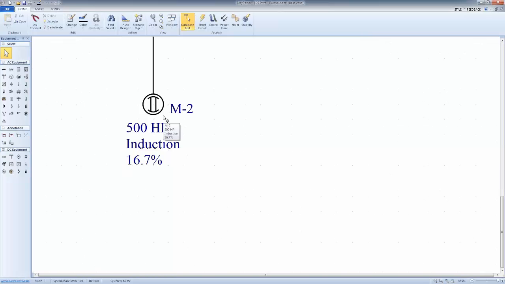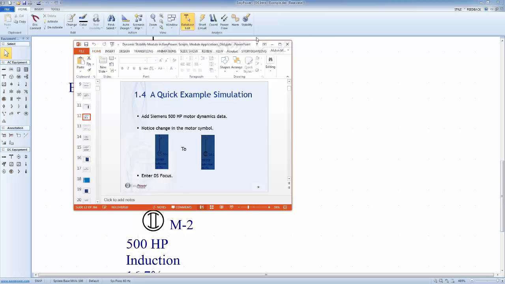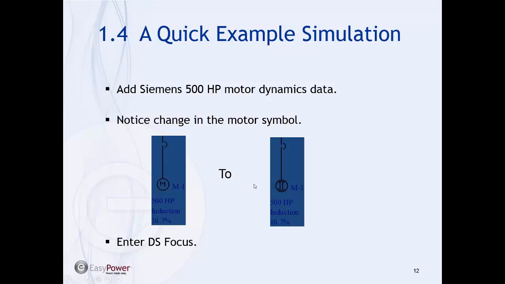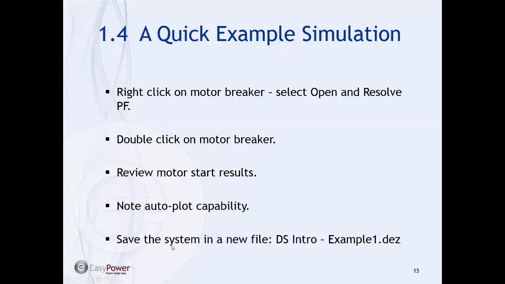So now I have the proper model, the first step in order to run a dynamic stability calculation, a dynamic stability simulation. So let me just go back to my presentation here. What it's telling me is to enter DS focus, right click on the motor breaker, select open and resolve power flow.